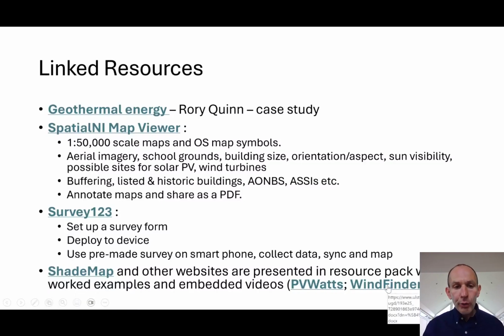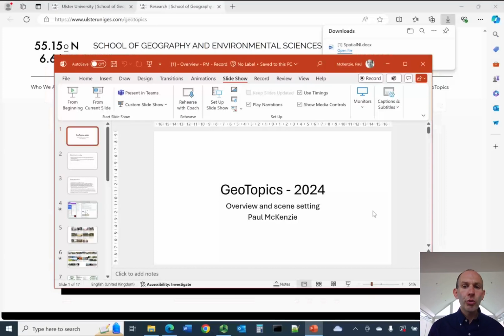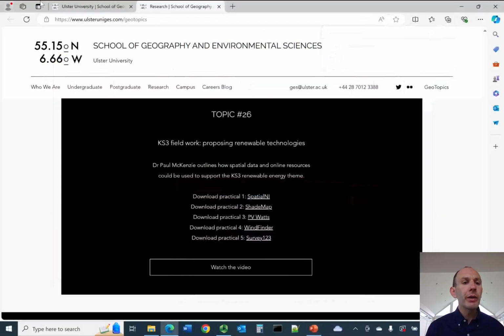If you click on any of those links, it'll take you straight to the resource, and within those resources I've got fully illustrated practicals with screenshots, clear simple instructions, but I've also provided video steps of each step so that a student or a teacher can watch that video and work out exactly what I'm doing or how to make it work. There's also additional resources here, and I'm just going to break out the PowerPoint now and show some of those additional materials.